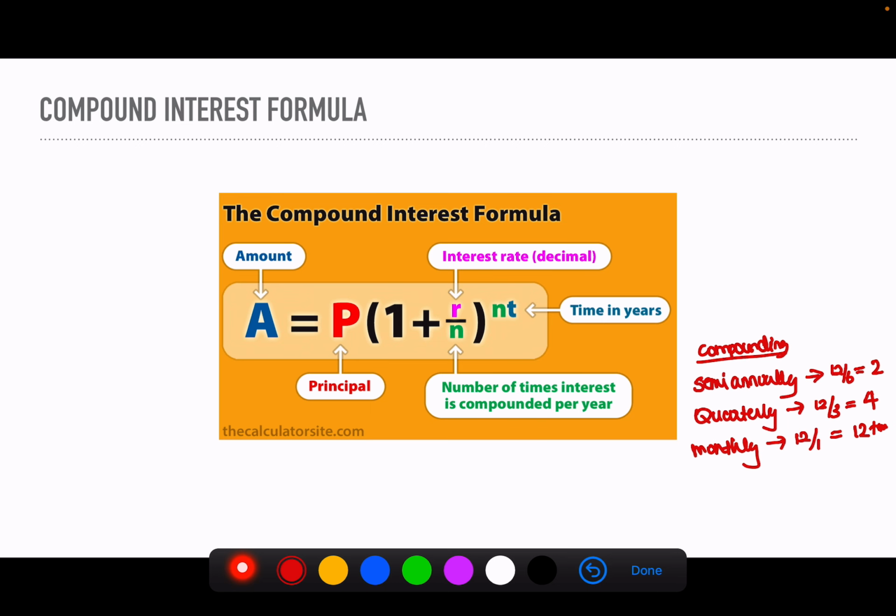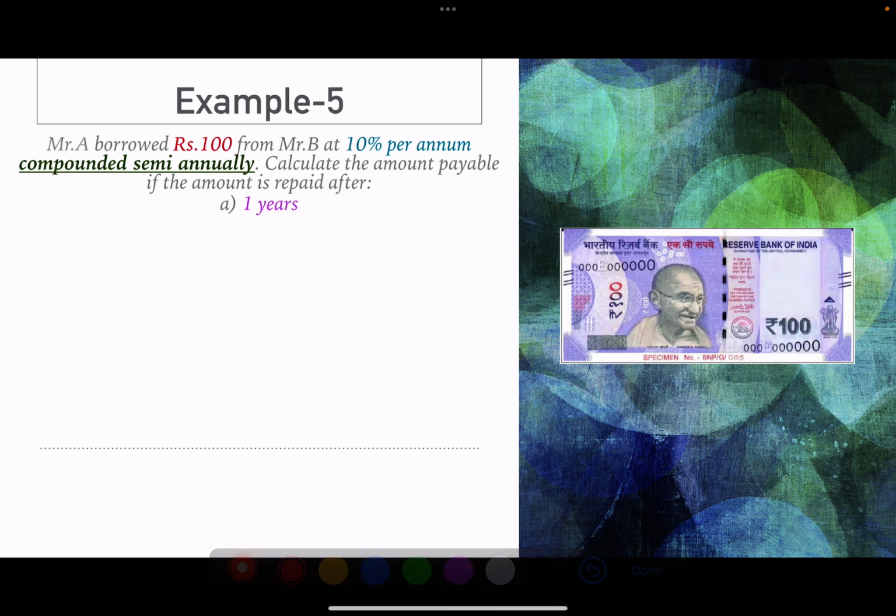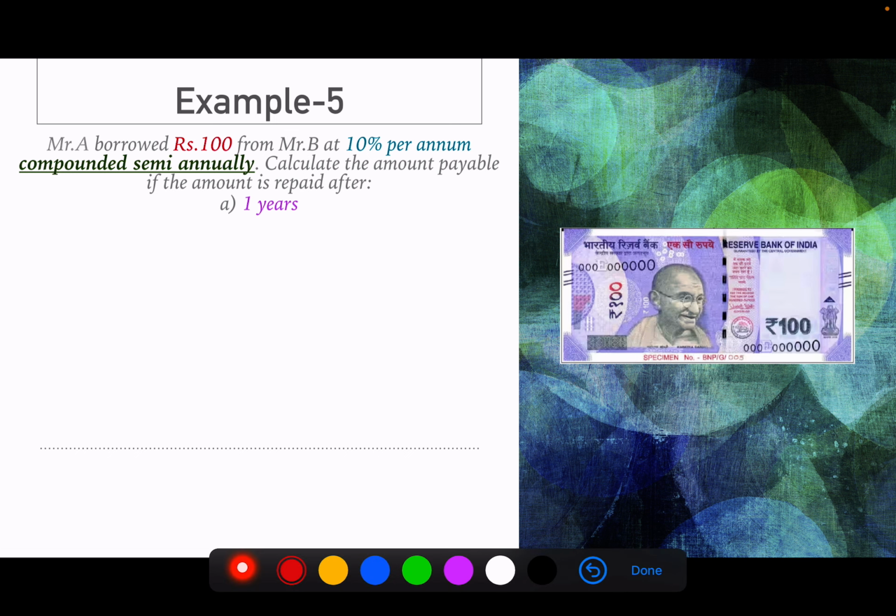Okay, now let's look at an example. Mr. A borrowed 100 rupees from Mr. B at 10% per annum, compounded semi-annually.